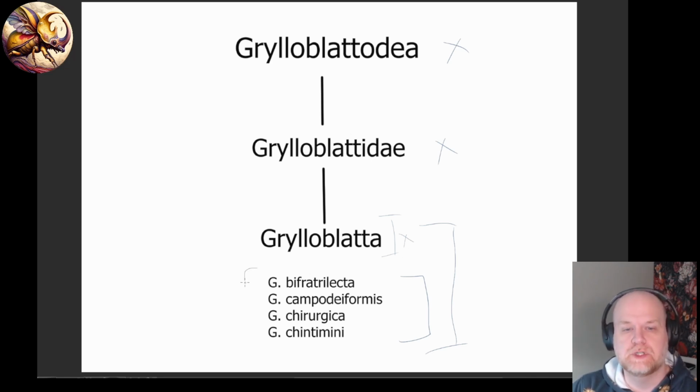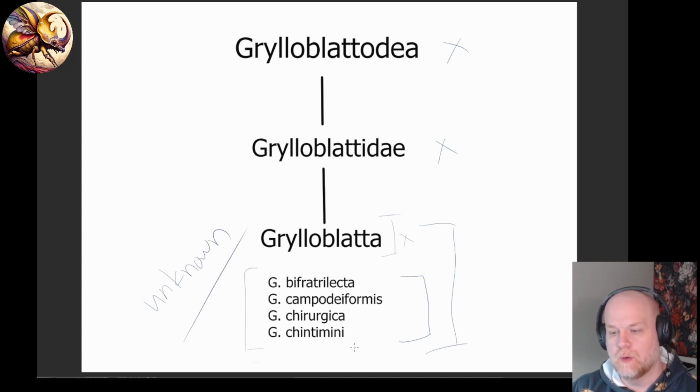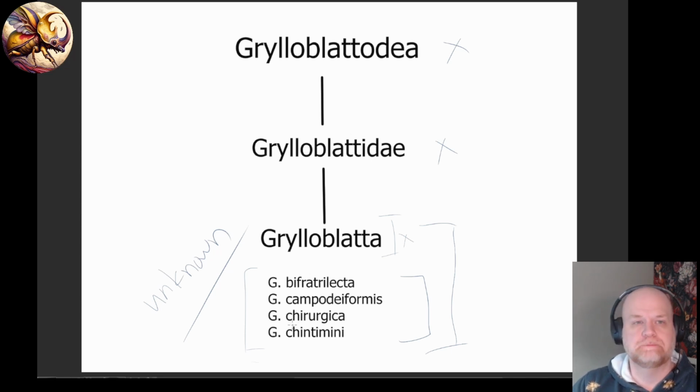So for the time being, there's just those 4, and then a bunch of unknowns, kind of like the Pokemon, where you know it's something strange, but you don't have a proper species description and a species name to go along with it. And that's it. So just Grylloblattodea, Grylloblattidae, Grylloblatta, if you're in the US, or I believe probably all of North America.